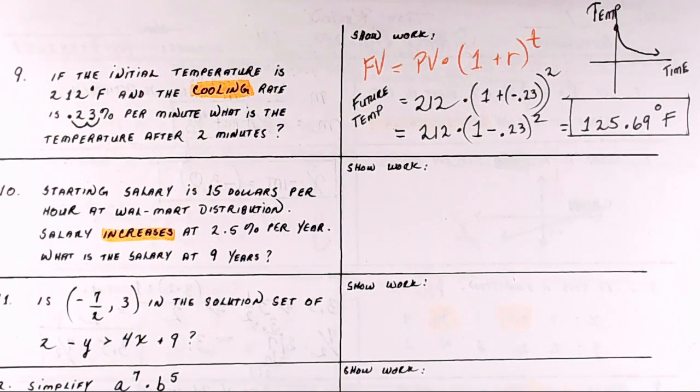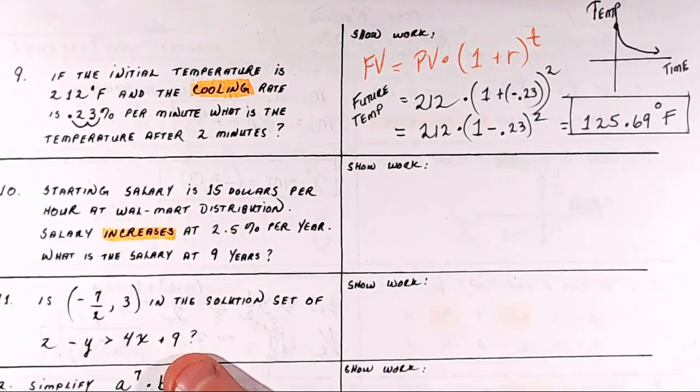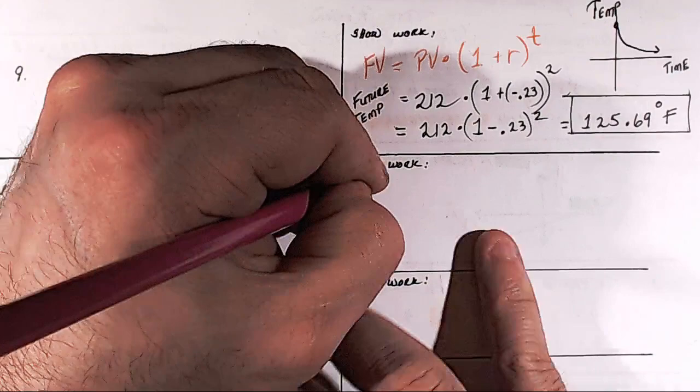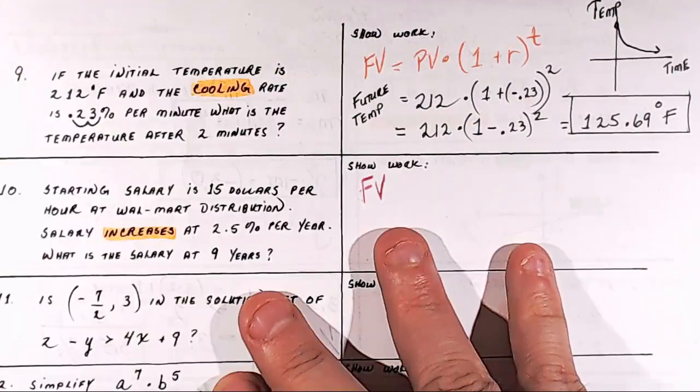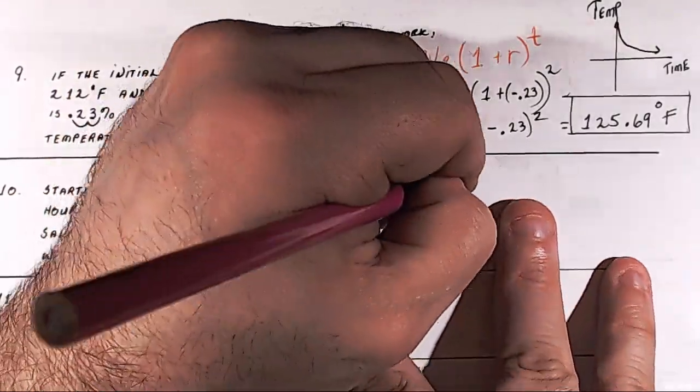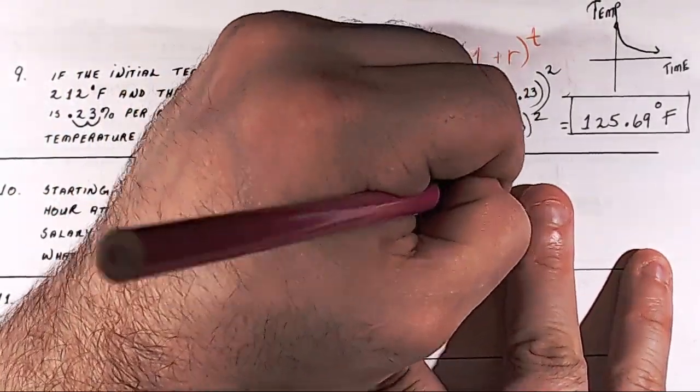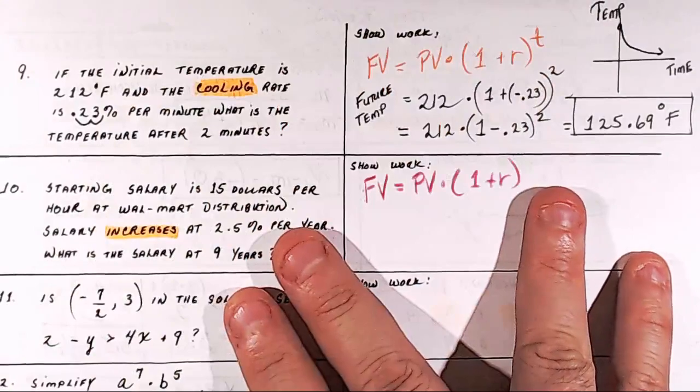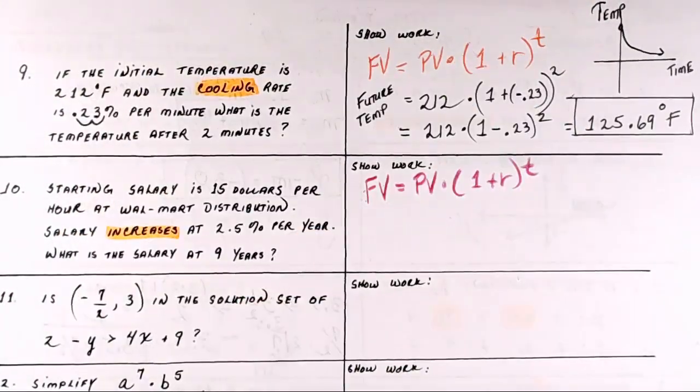So this is going to be a growth function. The formula is FV, future value, equals present value times, open parentheses, 1 plus r, close parentheses, raised to the t.